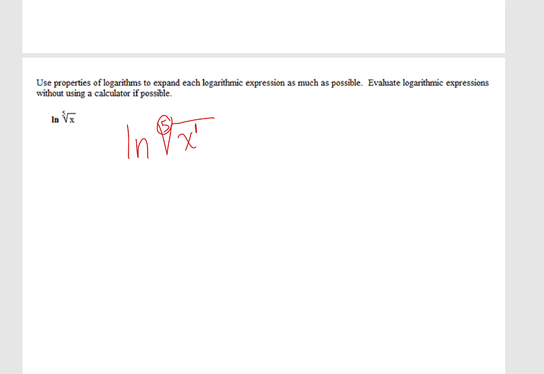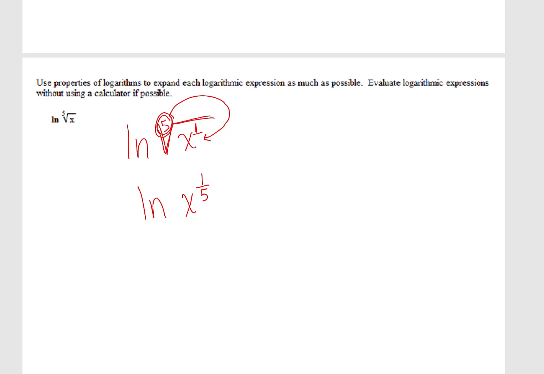There is a 1 here because we don't see anything; if there was an actual number there, then it would be that number. What we do is we drop the radical symbol, and we take the index and plop it underneath this number and make it a fraction. So the fifth root of x is the same as x to the 1/5.